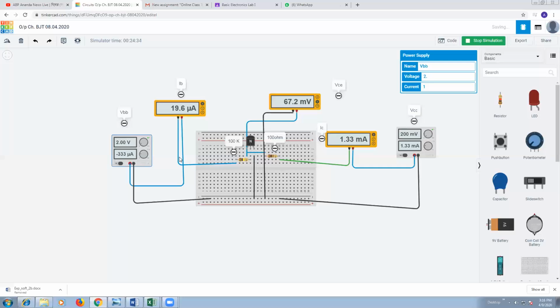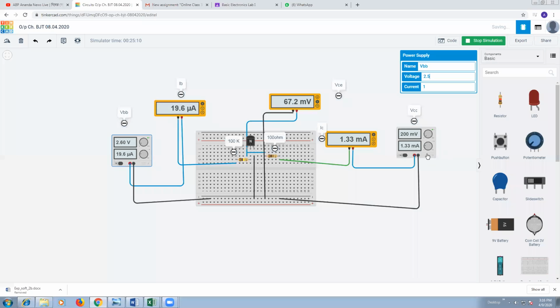If we keep VBB at 2.8, it comes to 21.6. That is also acceptable, but it is better to keep VBB at 2.5 so that we get IB nearer to 20 microampere. In this case it is 19.6, so we keep IB at 19.6.